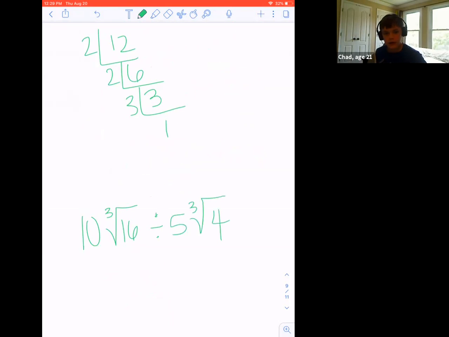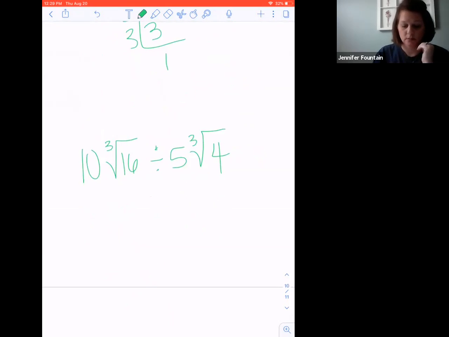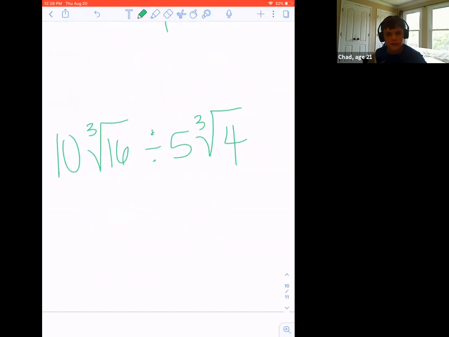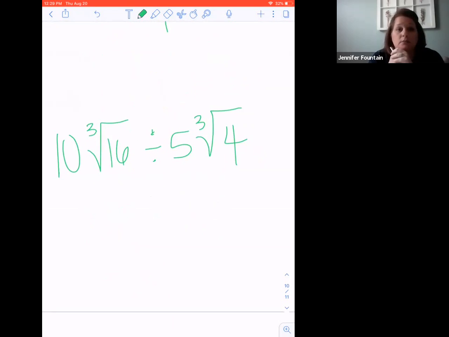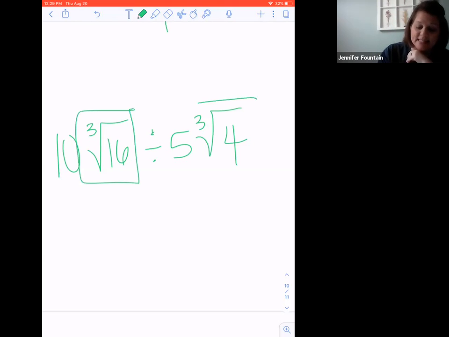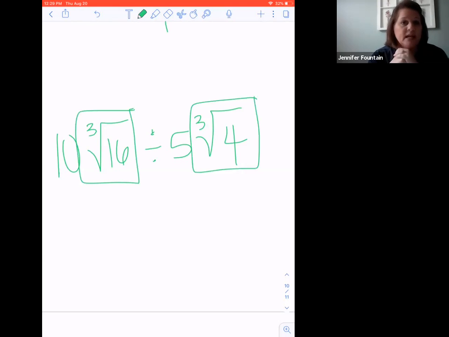Okay, like this? Yes. Say you tried to add those. You cannot. Remember, our rule is that these have to be identical, and they are not. So I cannot do anything with that. There is nothing I can do.